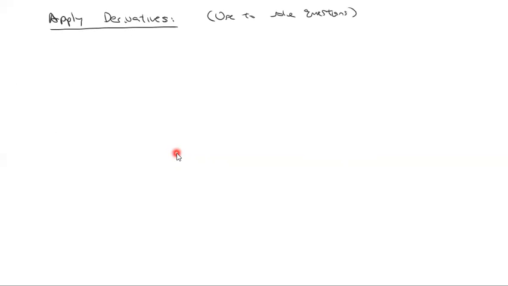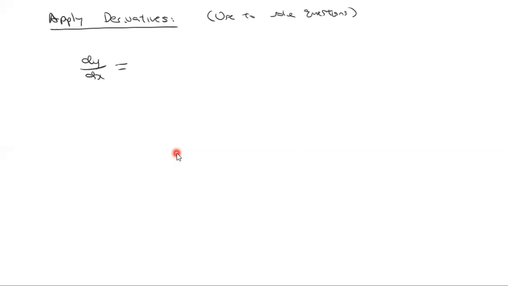But now we'll talk about how to apply derivatives. So we want to use these to solve questions. Now, this helps to kind of go with this. You want to think of what dy dx represents. And what did we say dy dx represents? What does the derivative represent?